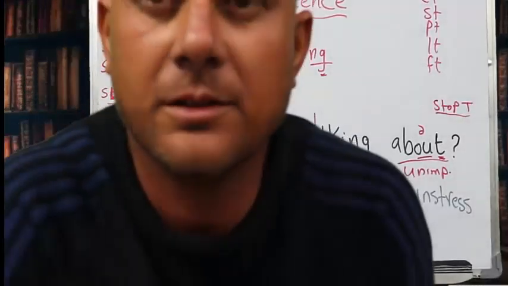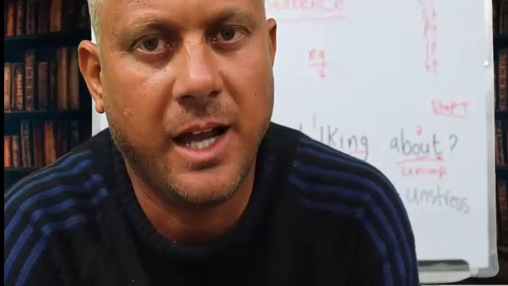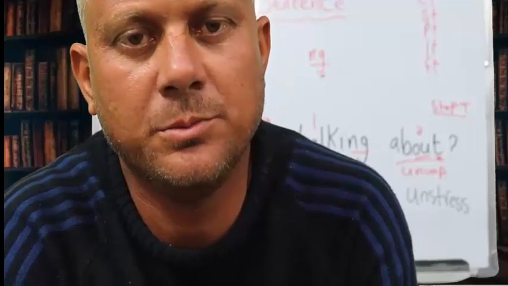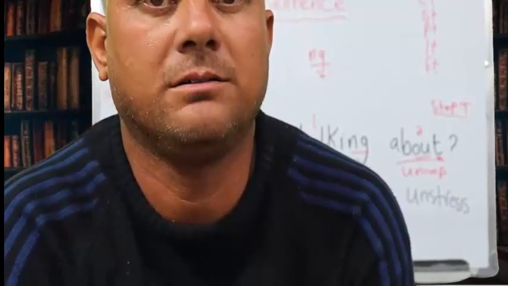Look at me. What are you talking about? Look at the stress on the word talking, and no stress on the group of words. What are you? What are you talking about?